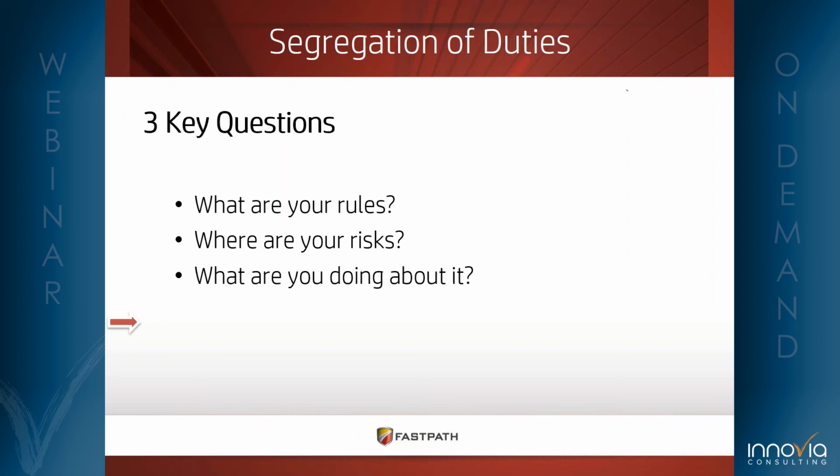And the material risks. If something is a risk according to the ISACA best practices, for example, if you have a user that can mark inventory as damaged, but also receive inventory into the warehouse.